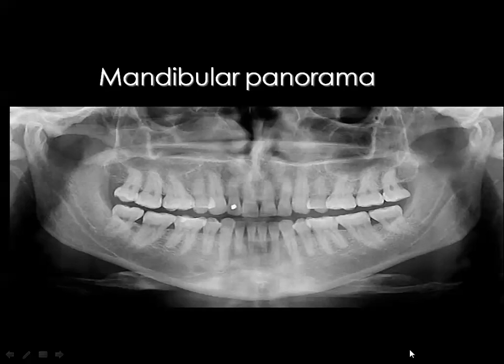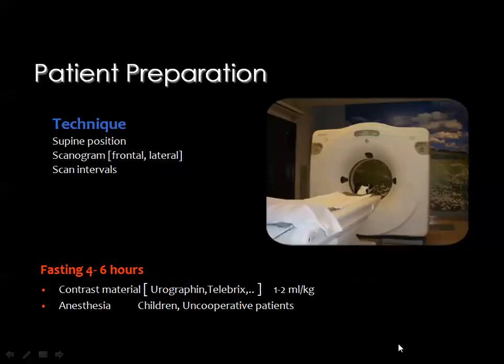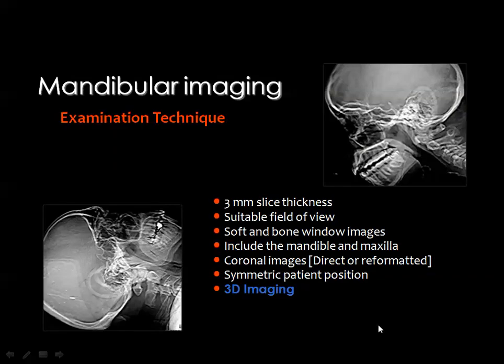And for a good time we have used also the conventional CT for evaluation of the mandible, and in order to study the mandible by CT we should have the axial and coronal sections.